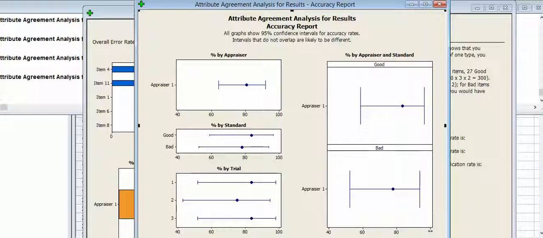Obviously, if we use all good parts, there is no need for a Gage R&R for attribute data, because we want to know that inspectors are capable of detecting the bad parts, or not rejecting a good product. So we want to minimize the consumer risk and also the manufacturing risk of rejecting good product, or customer risk of accepting bad product.